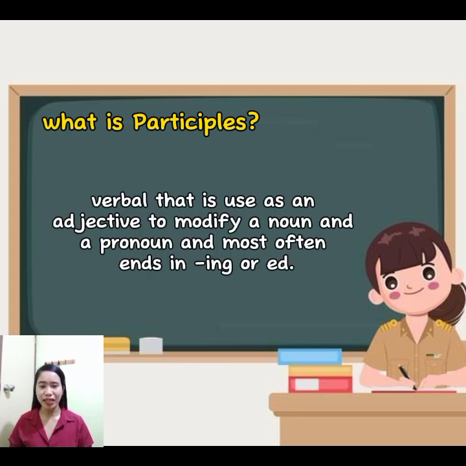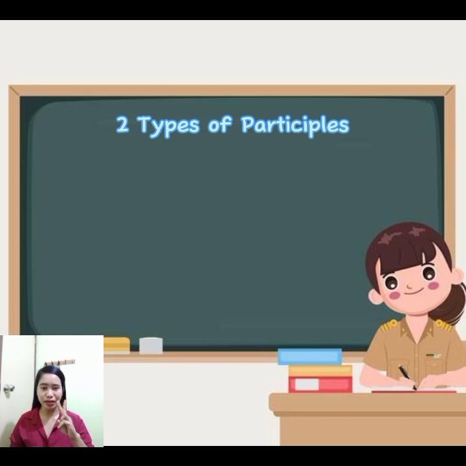A participle is a verbal that is used as an adjective to modify a noun or a pronoun and most often ends in ing or ed. Actually, there are two types of participle.